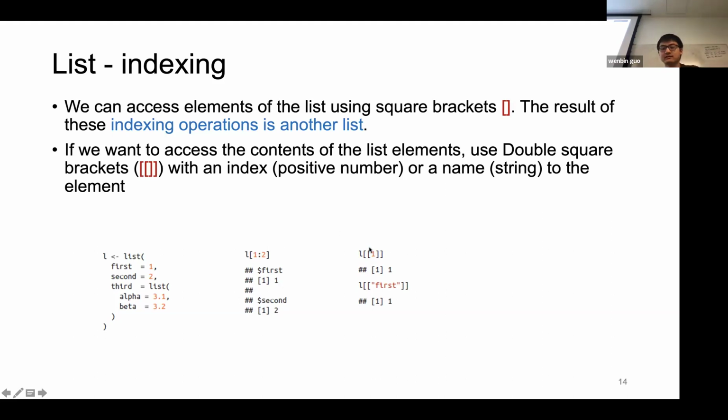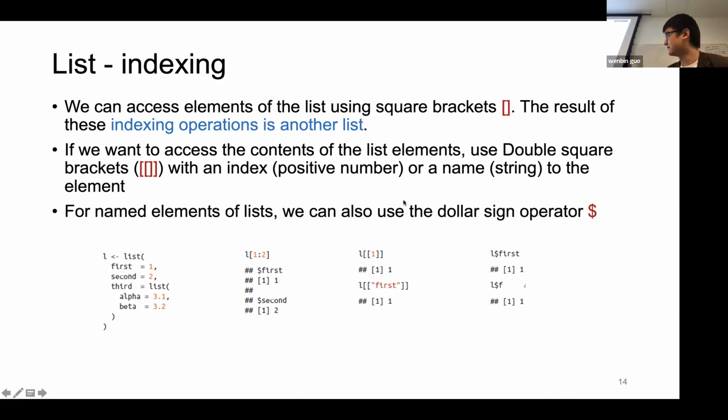And if we want to access the very first element, we should use the double brackets with 1. Or if it's a named list, like here, you can also put the name here. So this one will give you the value 1. It's a vector.